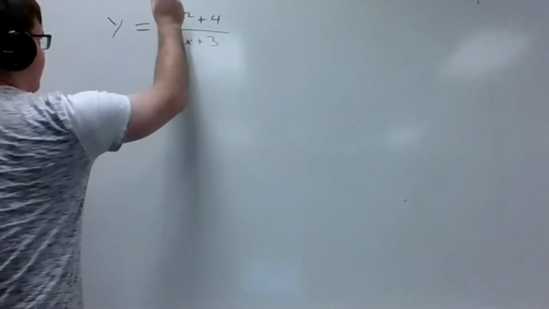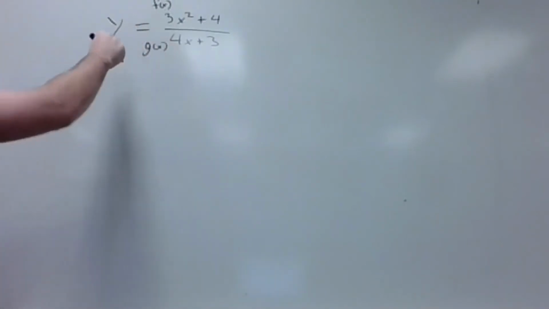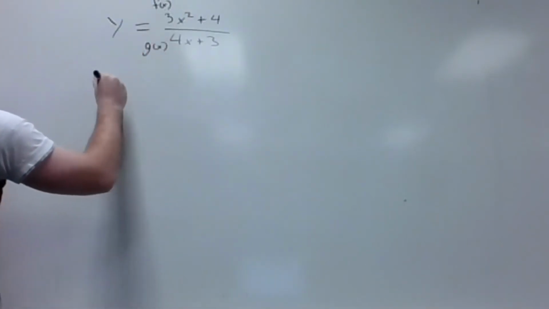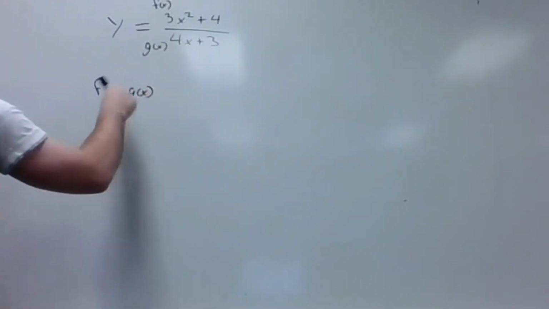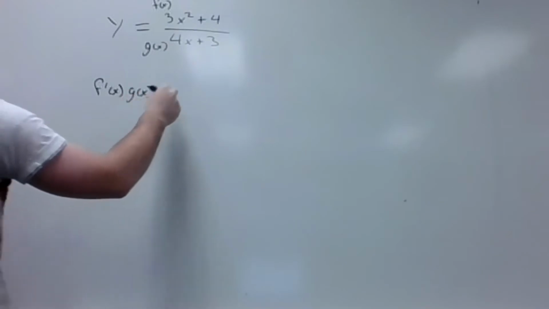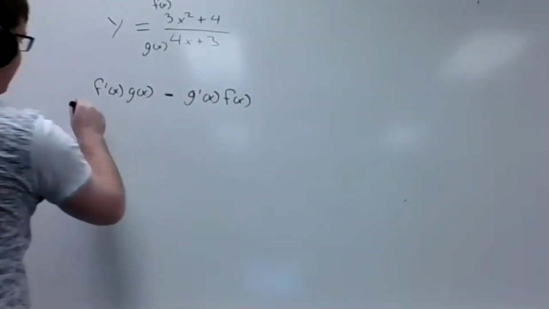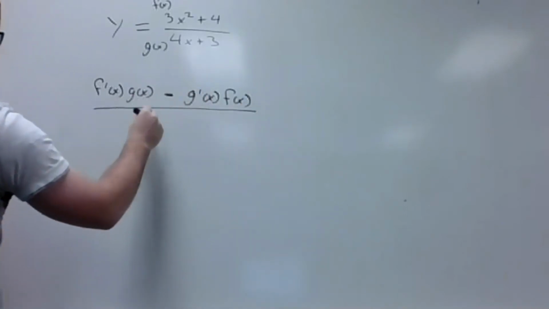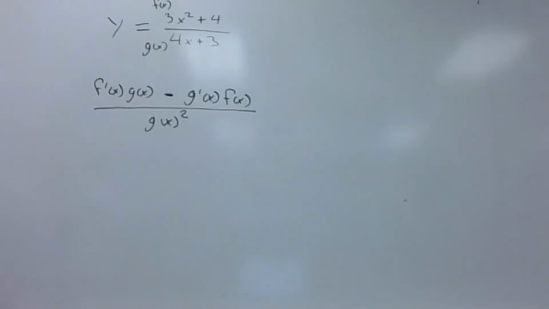So this will be f of x. We'll call this one g of x. So we'll take f prime of x and times it by this g of x, and we'll minus from that g prime of x, f of x. And we'll divide that all by the g of x squared.